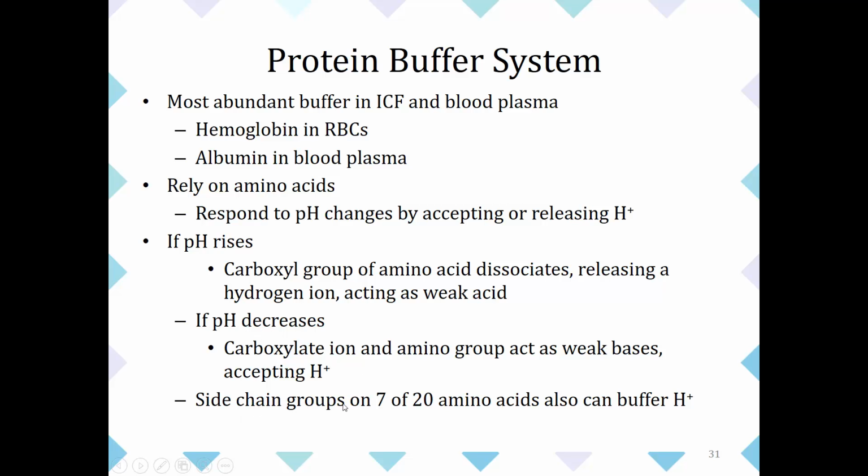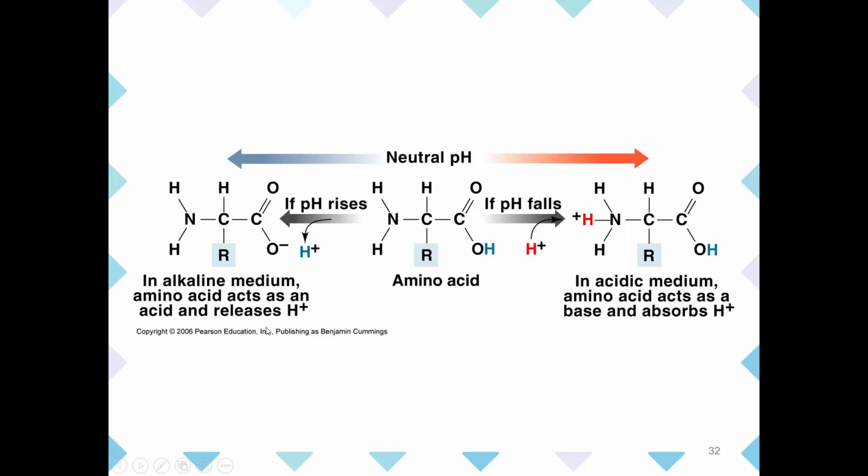And then some of the amino acids on their side chains have some of these H and OHs that can also buffer hydrogen. And here's the figure that we can look at for that. Now, one of the things that I think makes this figure a little bit confusing is that they try to use the same color convention as the pH scale they've already showed you, but they don't keep the left and right orientation the same.